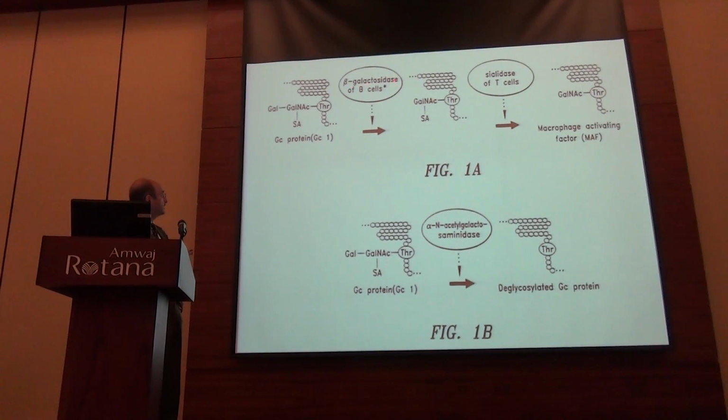So beta-galactosidase produced by B lymphocytes removes the galactose. And then T cells, or T lymphocytes, these are two components of the immune system, remove the other one, sialic acid, because they produce sialidase. And now suddenly you have GcMAF. This is GcMAF, the active compound that will activate the immune system.